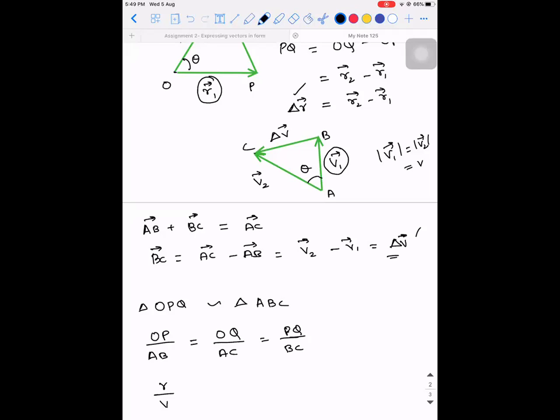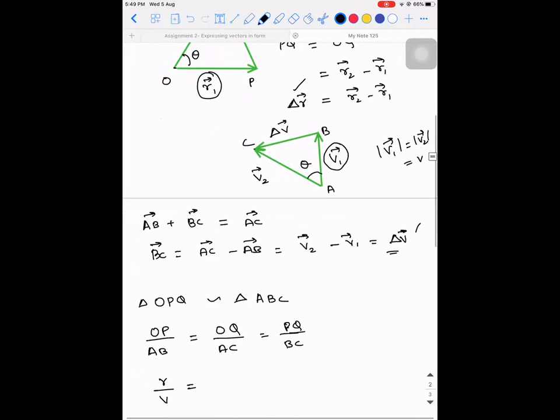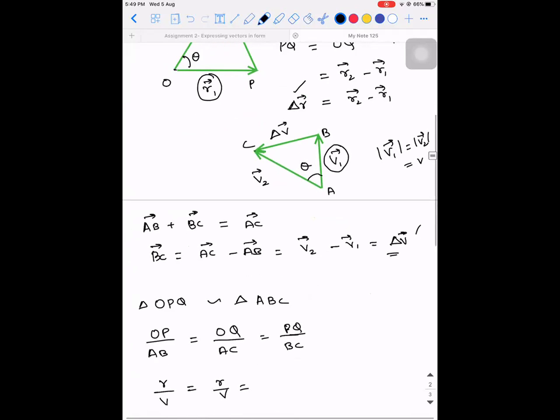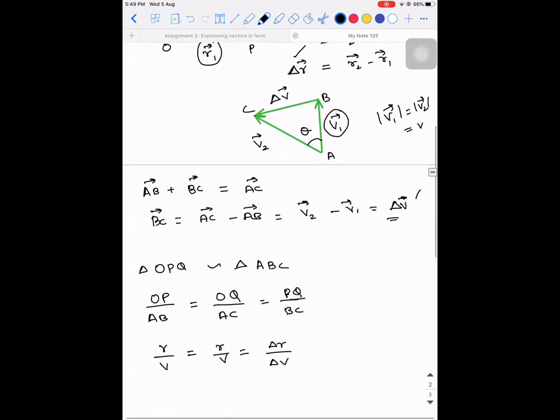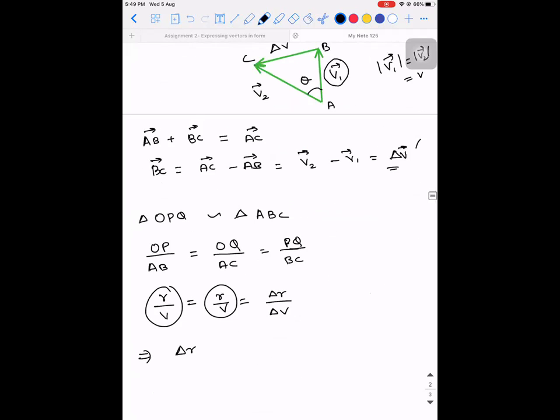So R divided by V will be equal to, what is OQ? R by V. R by V is equal to, what is PQ? Delta R by delta V. So any of the R by V, I will take into consideration. So from this I can say delta R by delta V is equal to R divided by V.